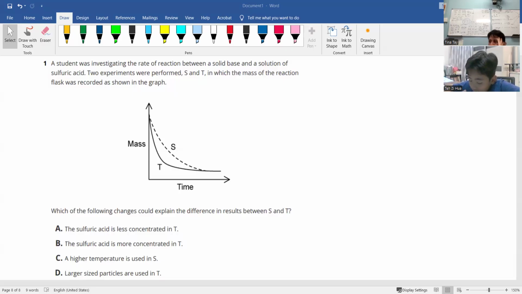Okay, what's your answer? Sulfuric acid is higher temperature is used in S. Which one? A or B, or C or D? You read carefully first.